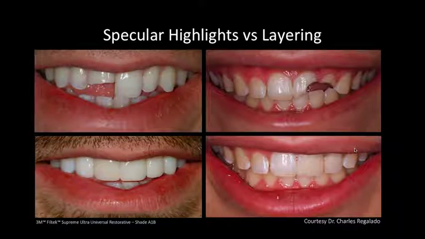On the right side, we have a case contributed by a friend of mine, Dr. Charlie Regalado. Here you have a patient with two fractured incisors. This case was treated with a nice result using a layering technique, first layering in a dentin shade, then a body shade on top of that, and then an enamel shade.